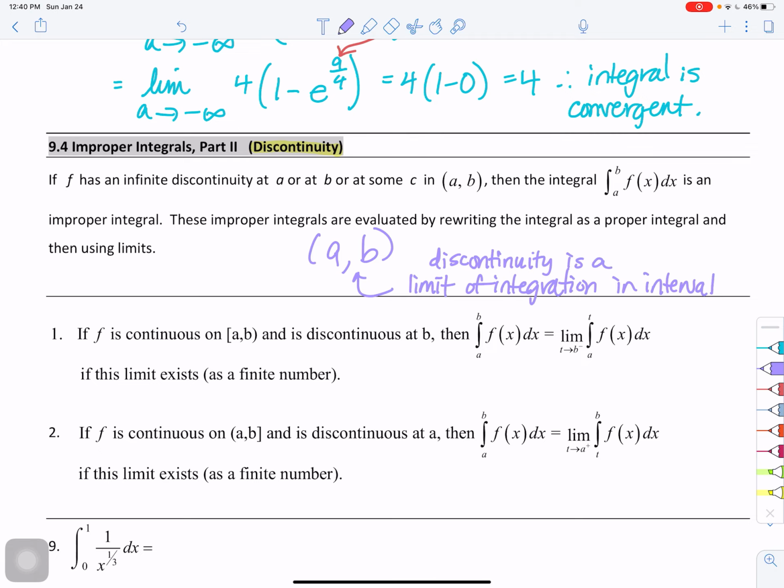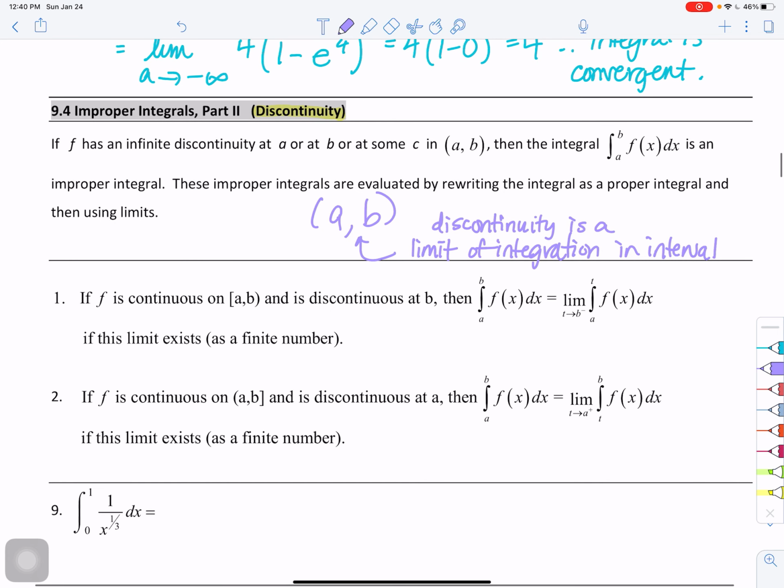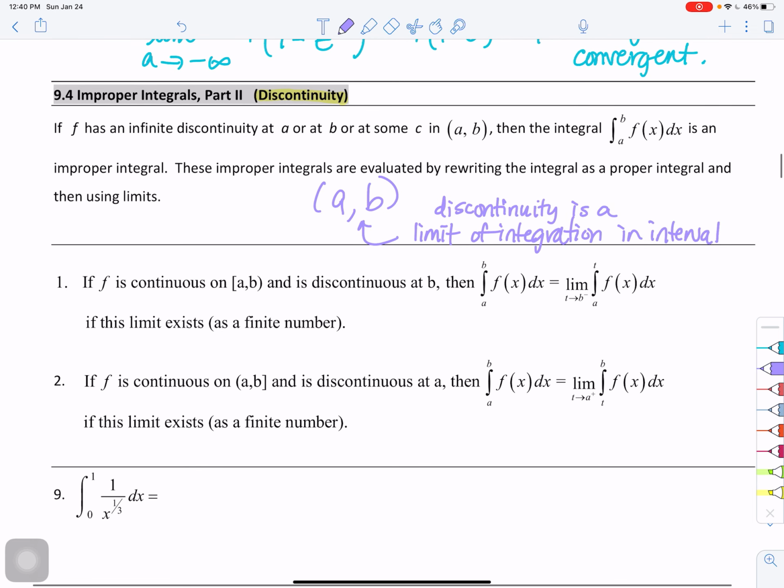So the discontinuity is a limit of integration in this interval, okay? Sometimes it's better just to teach you by showing you this, but basically, let's take a look at number 1. If you can see, this is on the endpoint, and this function is not defined at b, and we are using b as a limit of integration.